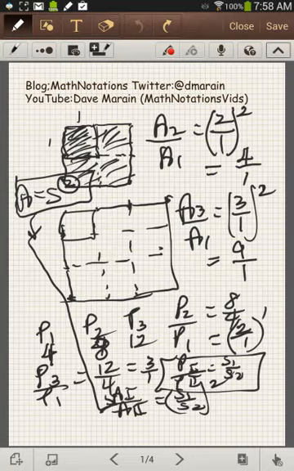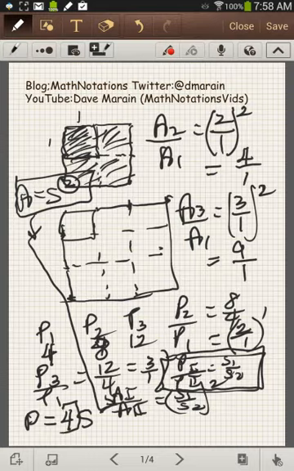And we developed the concept that the ratio of the perimeters is the same as the ratio of corresponding sides, or another way to say that is the perimeter of a square is directly proportional to a side. See, there's your constant.